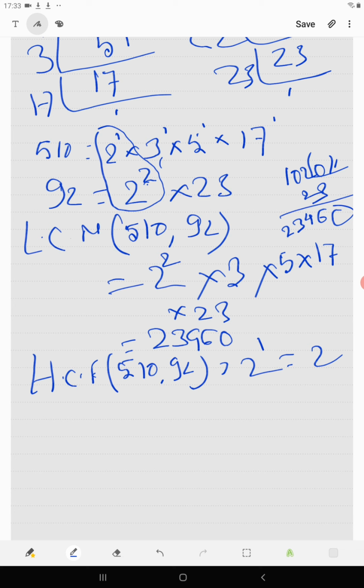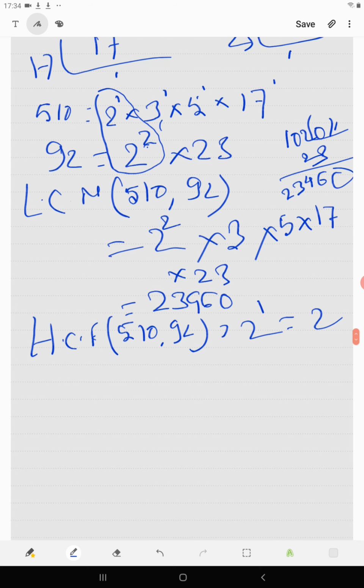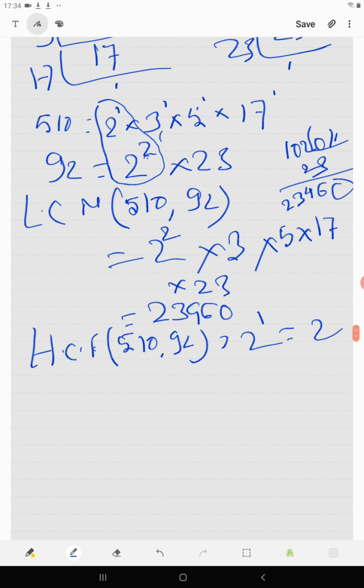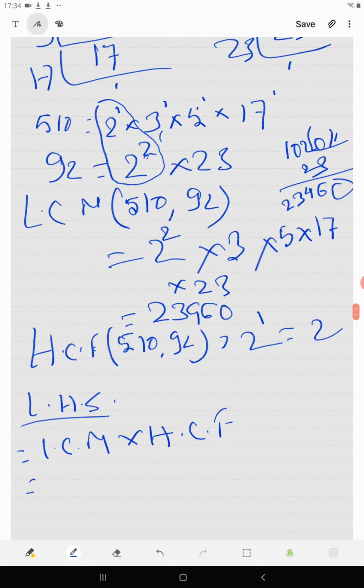Now we need to find the next portion, LCM into HCF equals the product of two numbers. So LHS is LCM into HCF, that is equal to what?